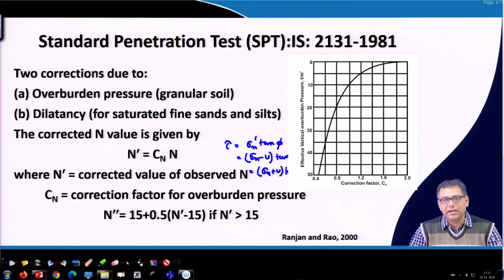To nullify this effect, we have to reduce the N value, and that is why we will apply this dilatancy correction. So, this is as per the IS code, and as per ASTM, the American standard also, they have recommended a few more corrections. So, that I will discuss in the next class. Thank you.